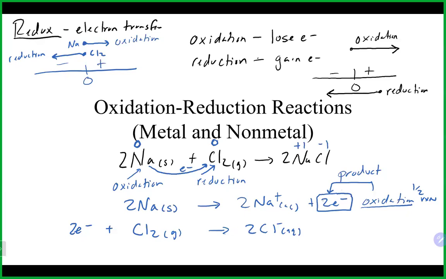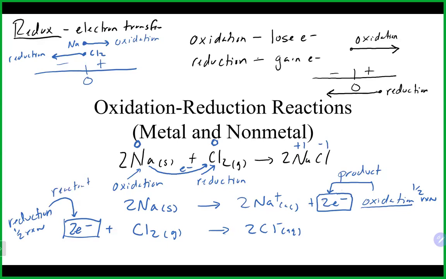And we see that this is our reduction half reaction. It is the reduction half reaction because the electrons are found on the reactant side of the arrow, like they are being gained.